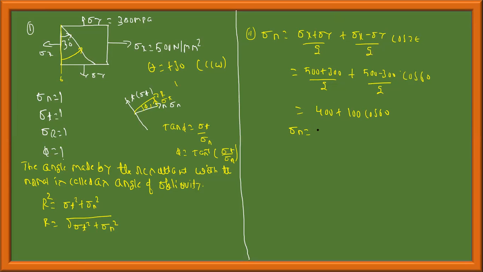Newton per mm square, or MPa. 450 Newton per mm square. This is sigma n.